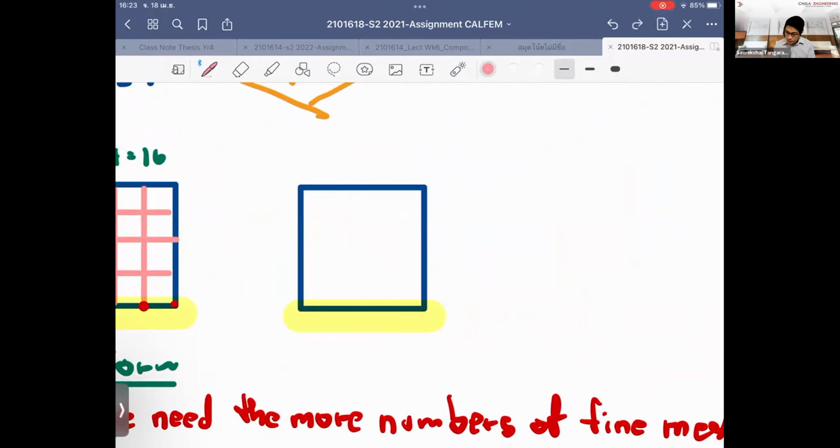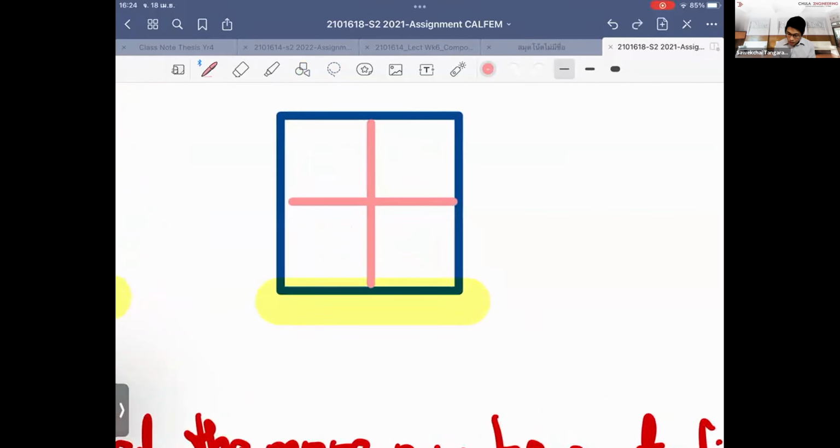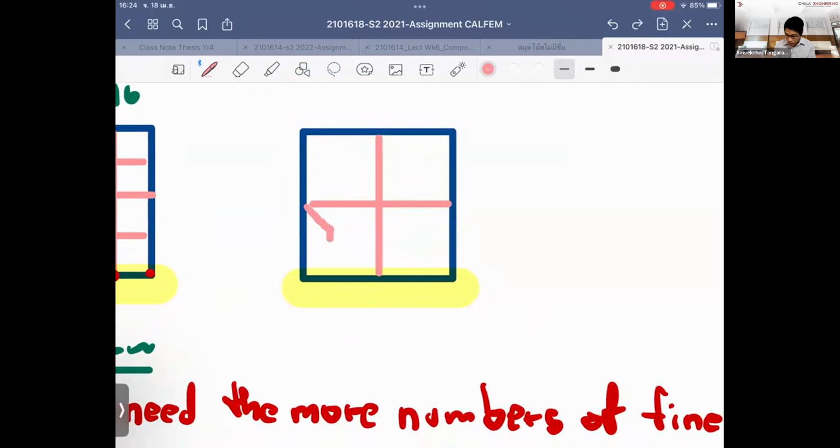But if you do according to what I try to do, I simply subdivide them first. Let's say subdivide them by half. So I use 4 meshes now, and I try to use this irregular mesh. This one we call a trapezoid shape, but it's still 4 nodes, right? So in this case, have a look.